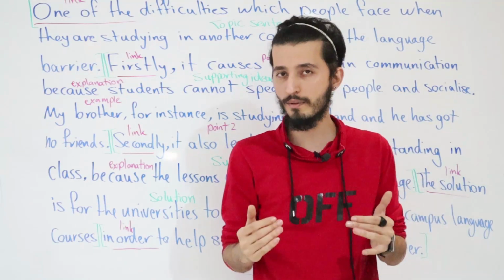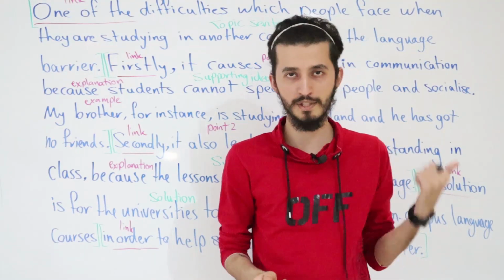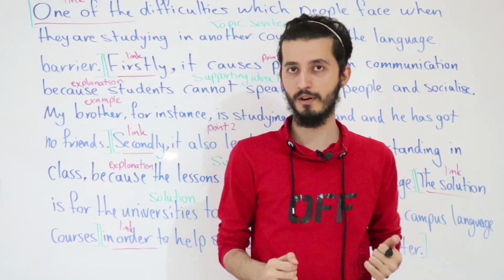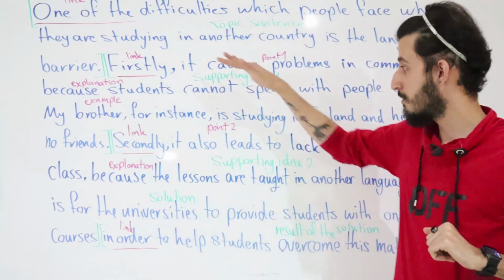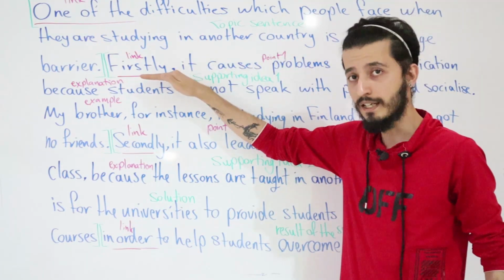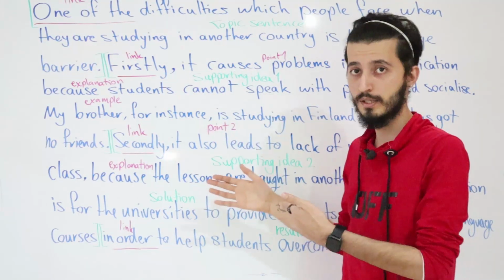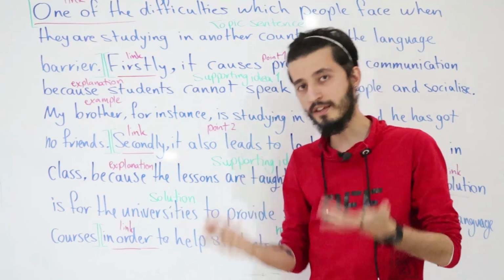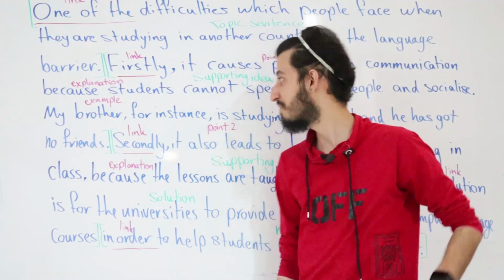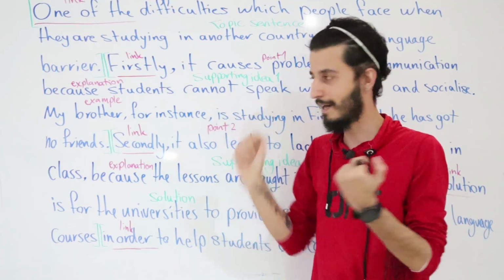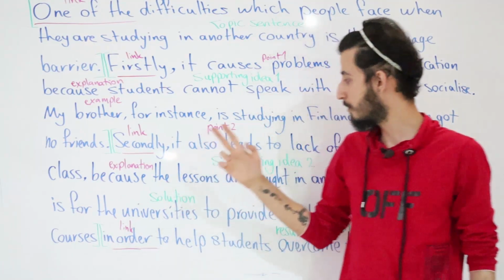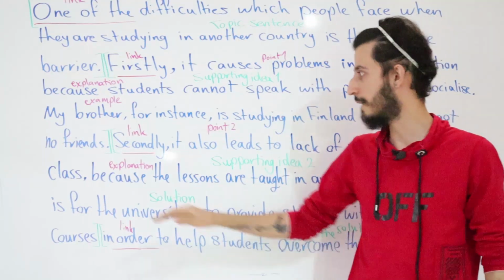If you do not know that, it's because you have not seen the previous video about writing a paragraph. You can see it up here right now. And you see that I am using linkers to address my points. You can also see my other videos about linkers here to understand how we can use them to connect ideas and connect paragraphs.